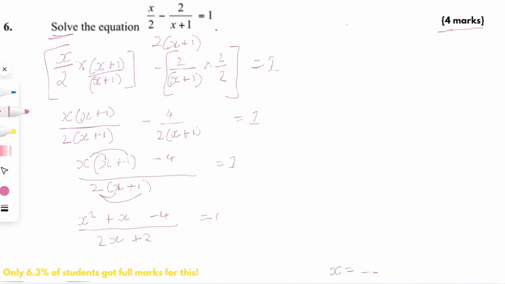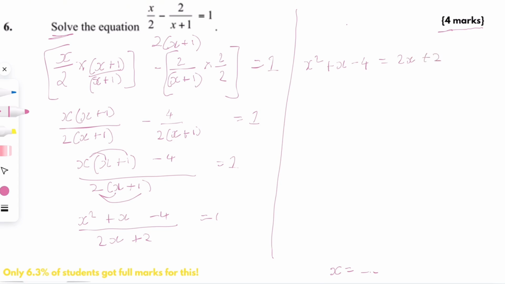How do we do that? We times both sides by the denominator, 2x plus 2. So if we times both sides by 2x plus 2, you'll get x squared plus x minus 4 is equal to 2x plus 2.